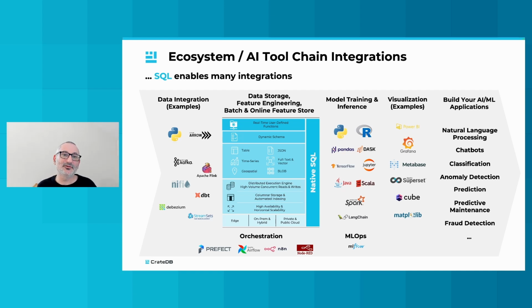Expanding on that, you can see that CrateDB fits into a wide range of tools and programming frameworks and use cases because of the support for native SQL, near real-time analytics, and fast indexing. You can use it for things like training a model or inference or a RAG pipeline with things that you're already familiar with, so maybe LangChain.